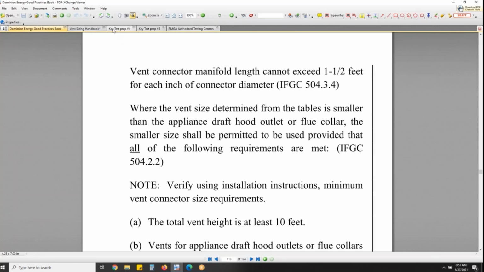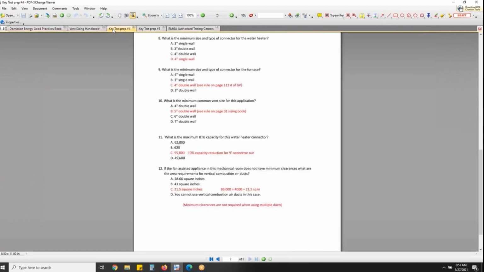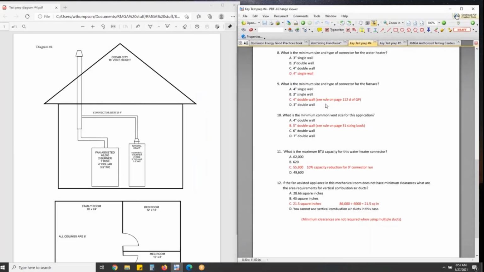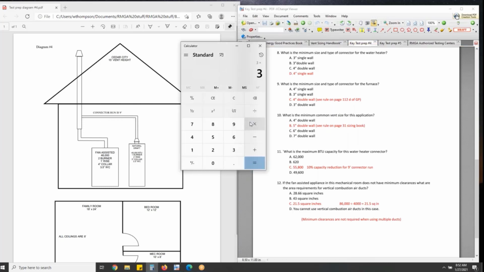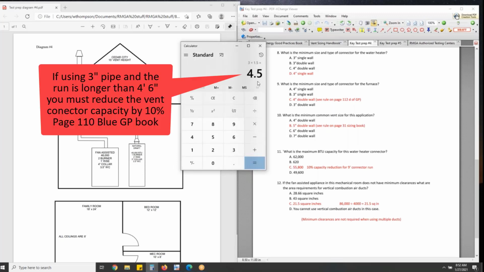So let's go back over here to this, okay? And let me minimize this, okay? So we got a 9-foot connector run, okay? And when you did the math and came up with it, you probably would have found that a 3-inch single wall would work, but because we have such a long connector run, 3 times 1.5, okay?